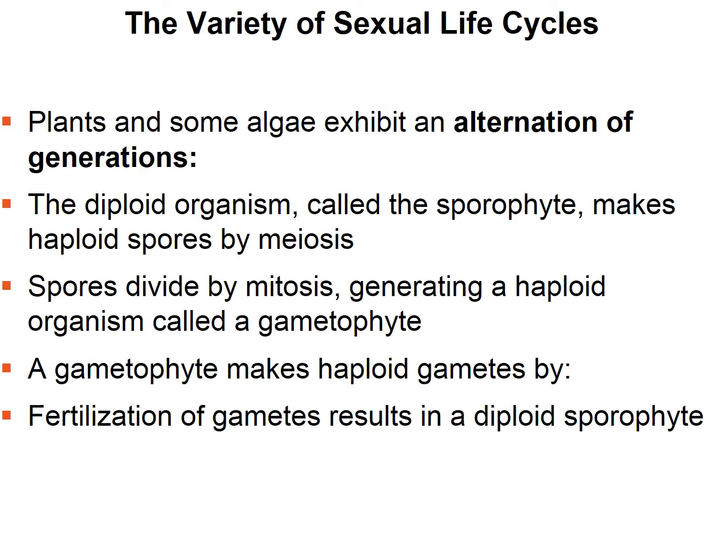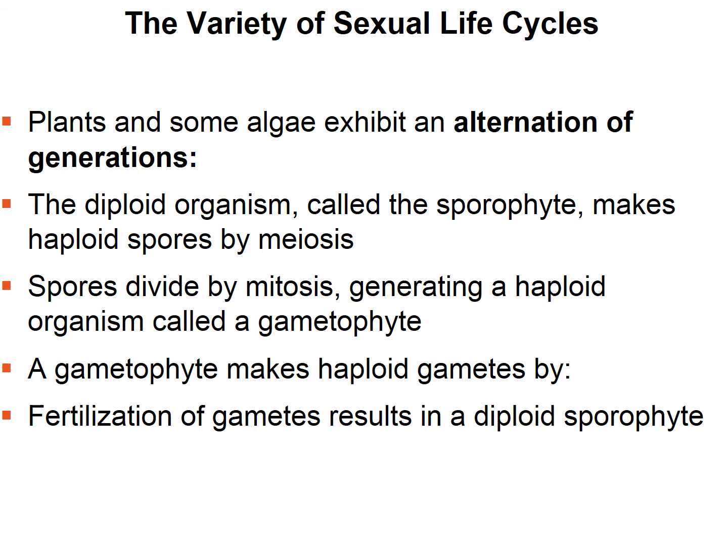There are two other life cycles. We just talked about the animal life cycle. Plants and some algae exhibit an alternation of generations. This is a life cycle that alternates between a multicellular diploid form, called a sporophyte, and a multicellular haploid form, called a gametophyte. The diploid organism, the sporophyte, makes haploid spores by meiosis.